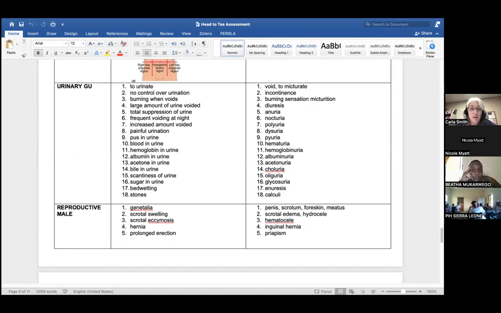Is it dark yellow or tea colored? Did the patient complain of a burning sensation? Is there any blood present in the urine? Do they have polyuria, increased frequency, or nocturia, frequent night voiding?